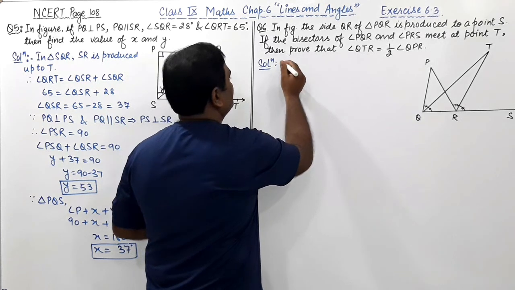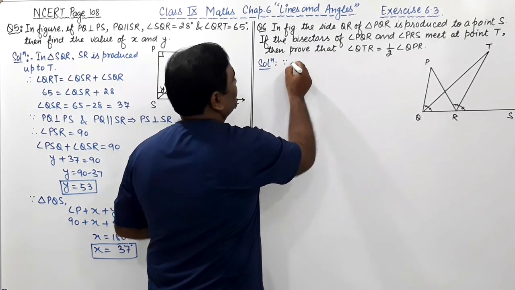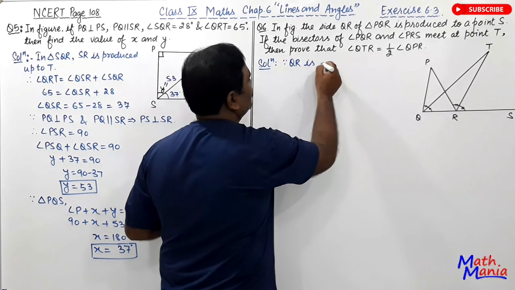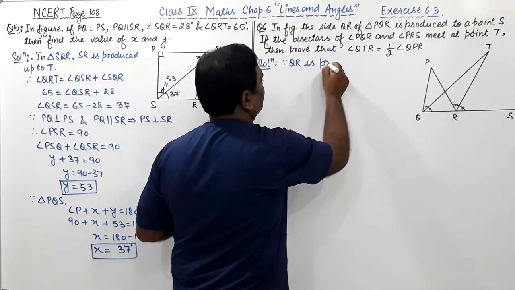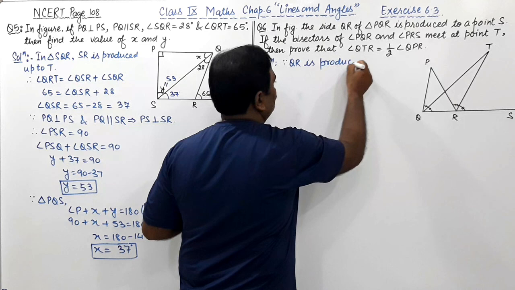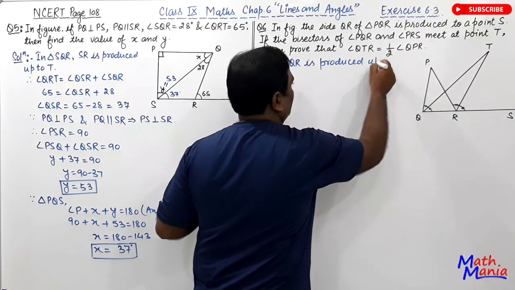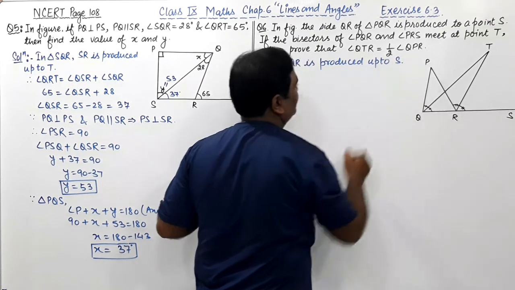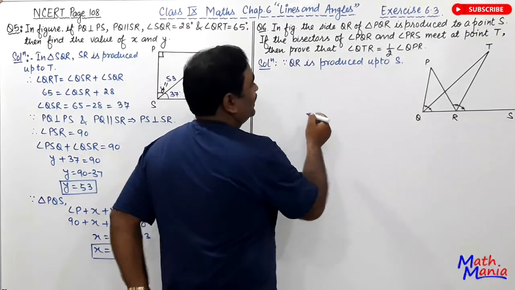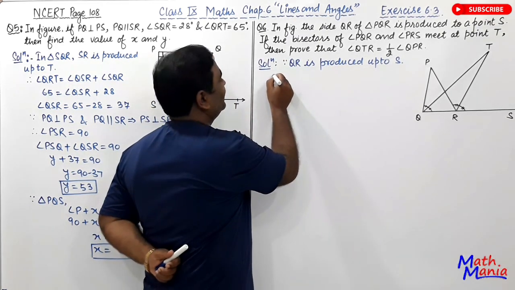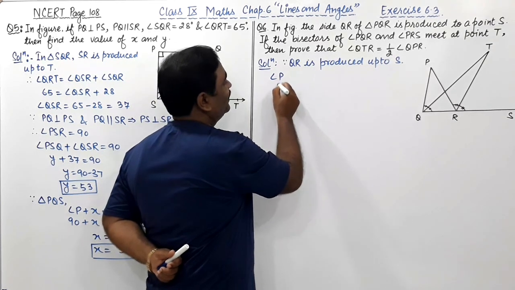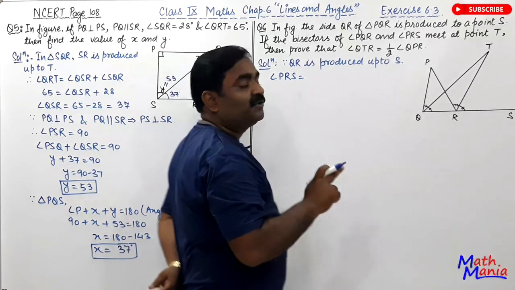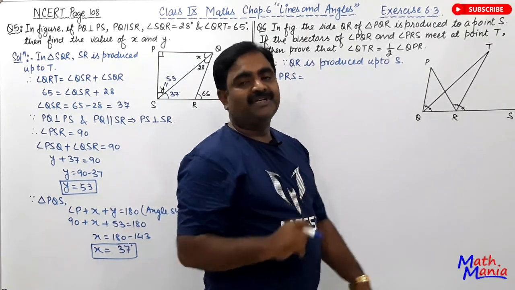Since QR is produced up to S, therefore exterior angle PRS is equal to the sum of two opposite interior angles.